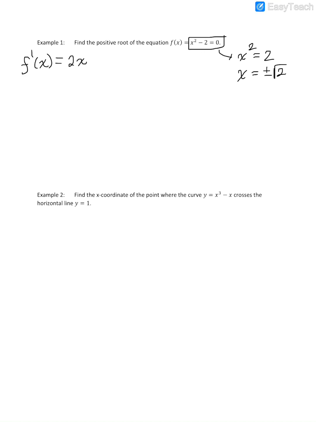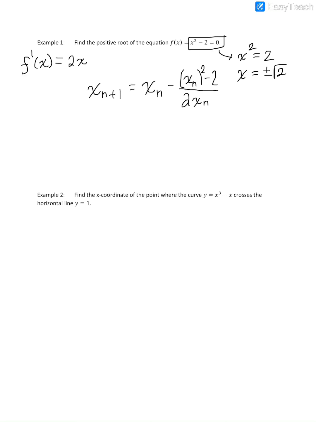So x sub n plus 1 is equal to x sub n minus, the top is f of x sub n. So in this one, it would be x sub n squared minus 2. Okay, remember I'm just using the function I was given in the problem. And then on the bottom, it's f prime of x sub n, so 2x sub n. There's my derivative I just took. Each one of these x sub n's represents the value that we got on the previous try, okay?